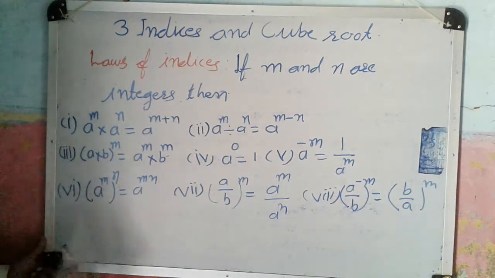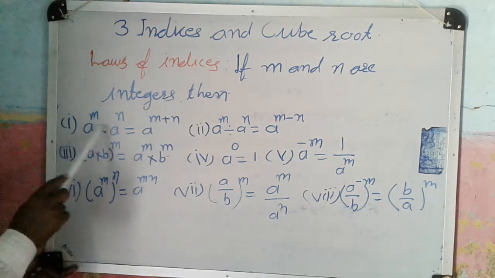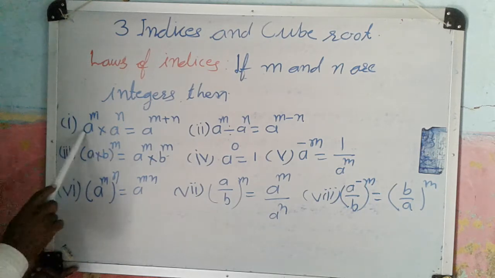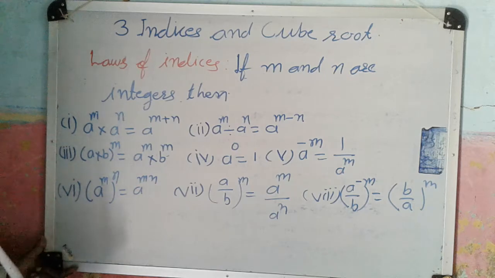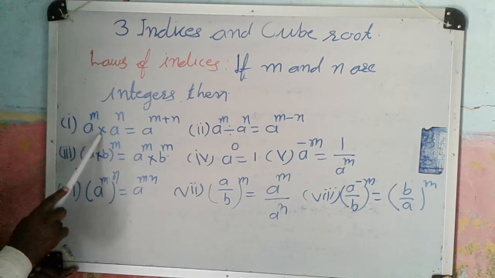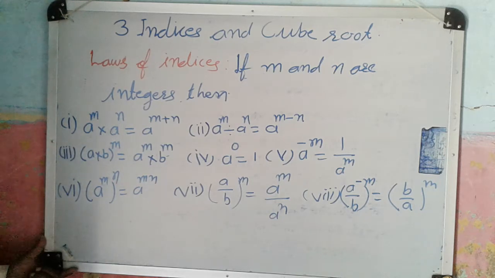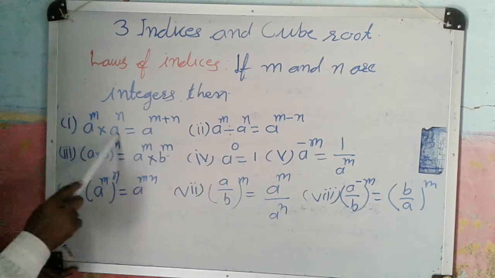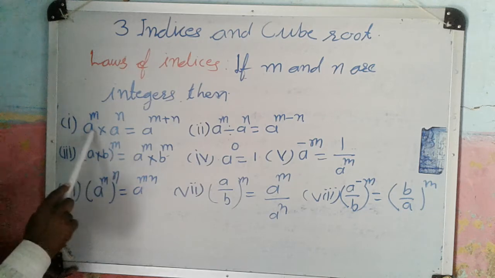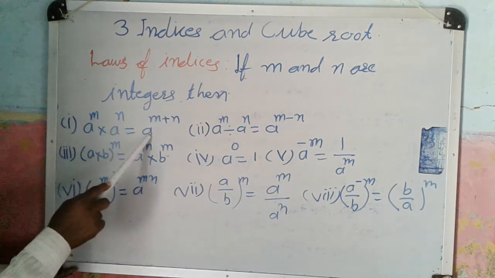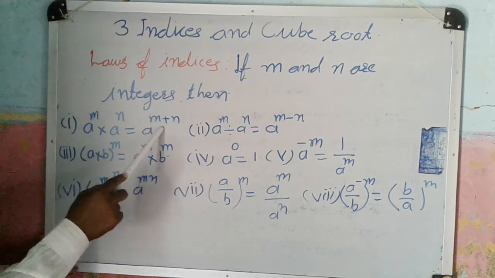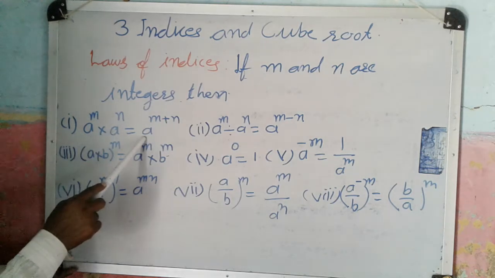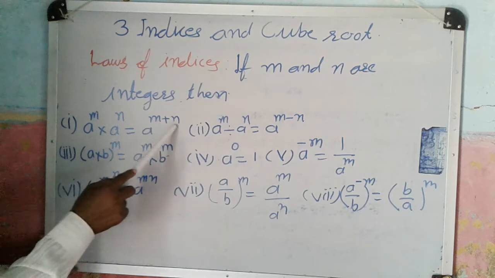Both the numbers are in index form having equal base a, and their product is there. In this case, take the base same, that means a, and add the indices. That means the value of this is equal to a raised to m plus n.